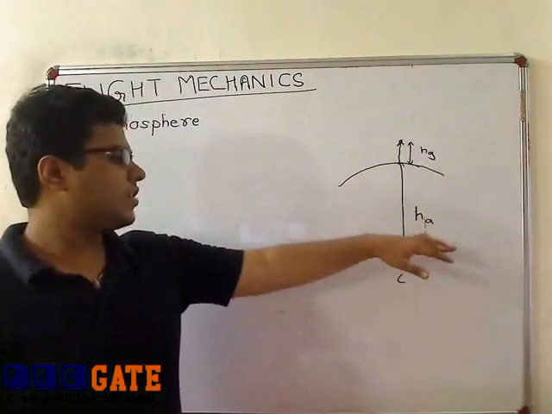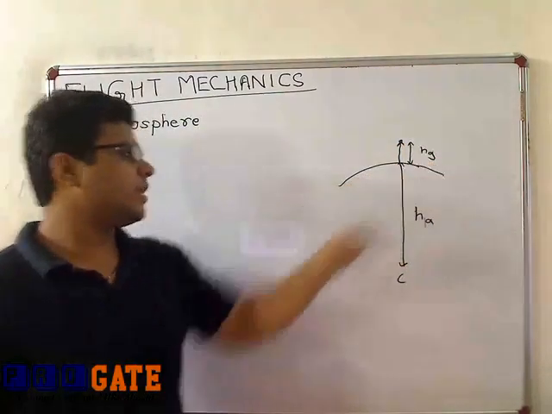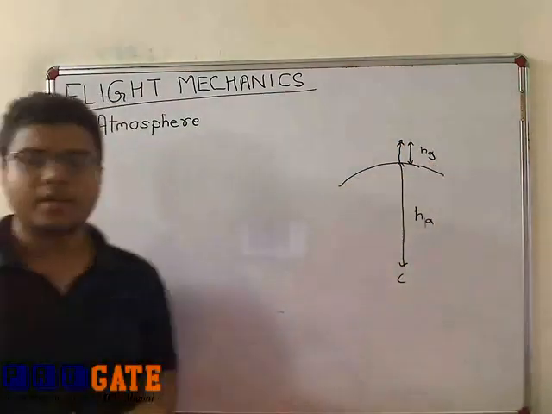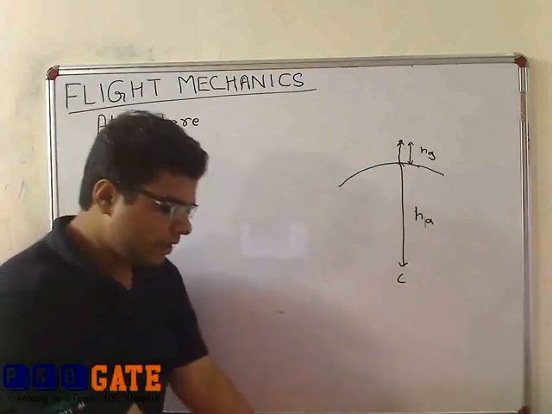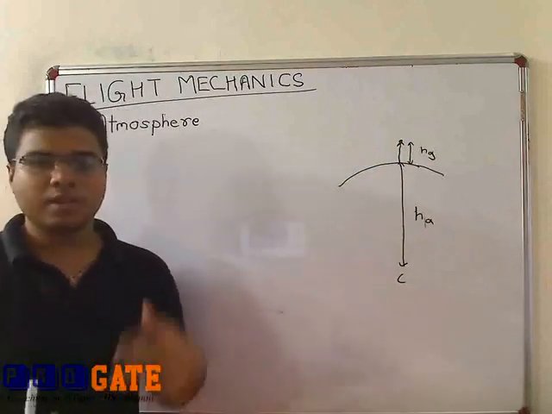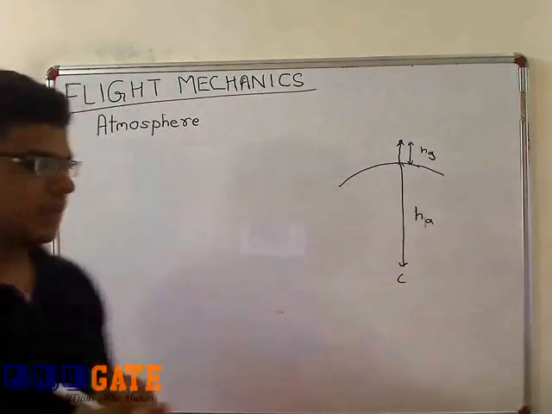So say HA is the absolute altitude and HG is the geometric altitude of any point. We would define a new altitude based on the property of pressure of the atmosphere.